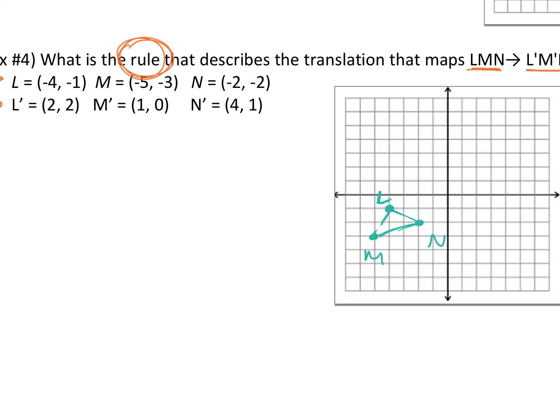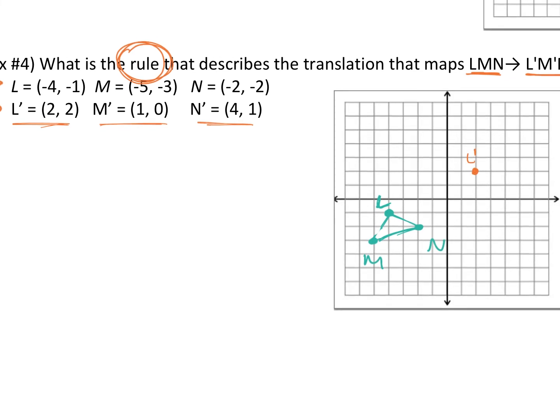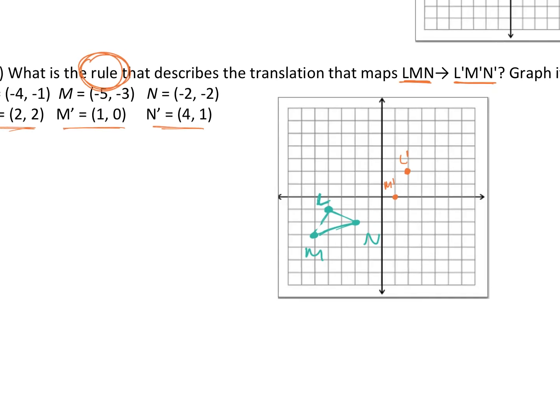Okay. Our next triangle, L prime, M prime, N prime: L prime is at 2, 2. M prime is at 1, 0. And N prime is at 4, 1.